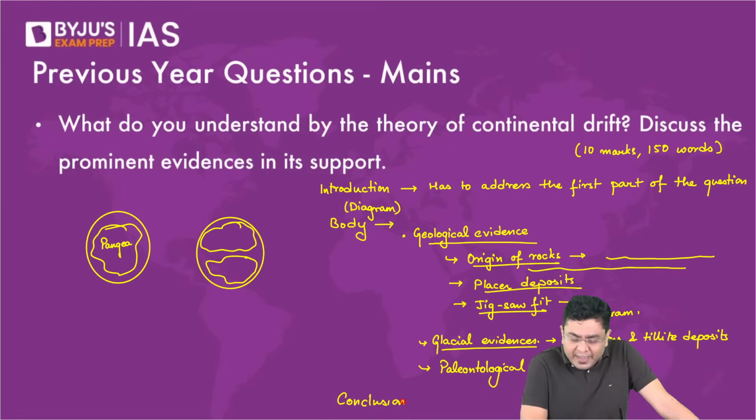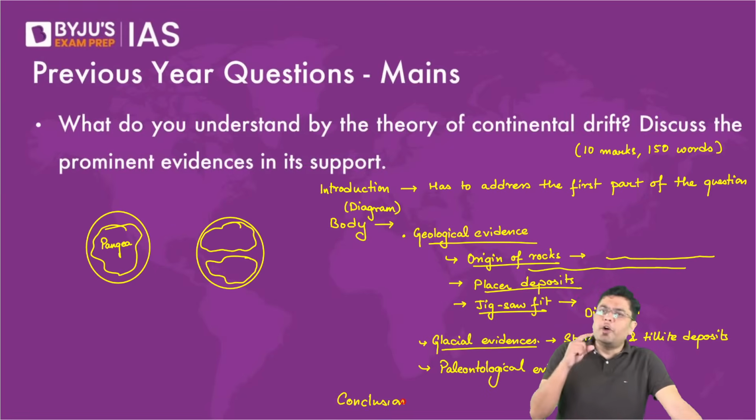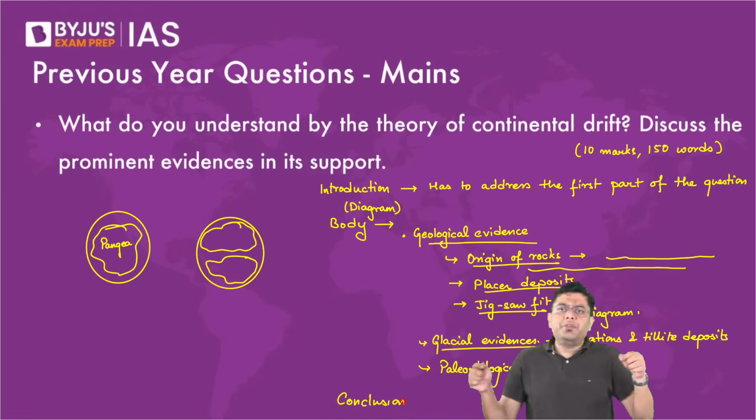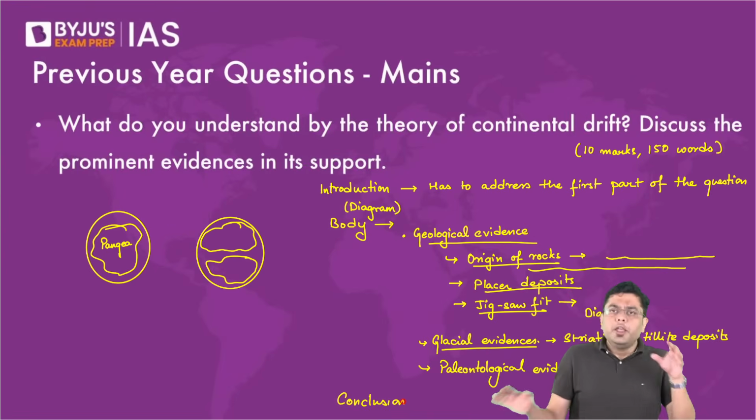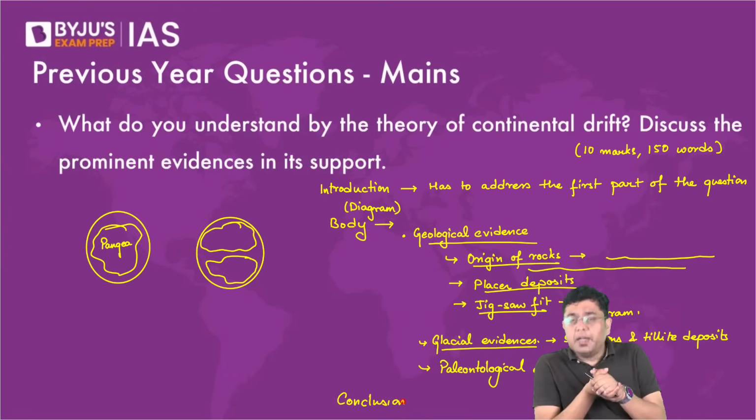So the conclusion is generally a summarization of everything that you have written above. Based on the above set of evidences, or if you have already written that portion in the body, you can write that the continental drift theory was very instrumental in helping us understand that the continents can indeed move.